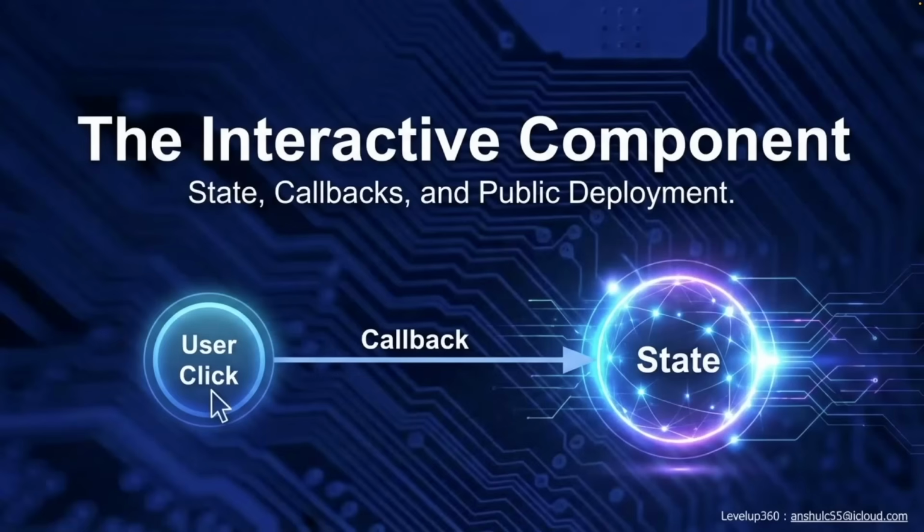Today, we introduce memory and events. We are going to learn how to manage the application's state, trigger complex callbacks, and finally deploy our application to the public internet so you can text it to the client. That is something we are going to build today.